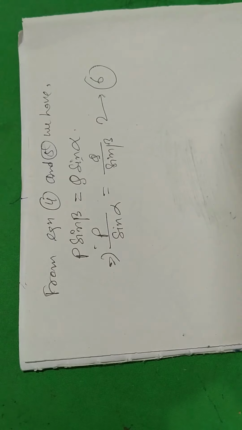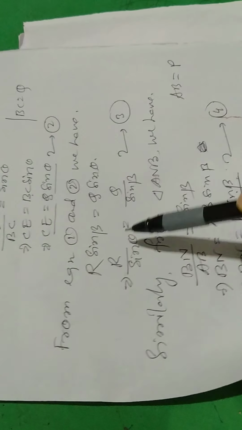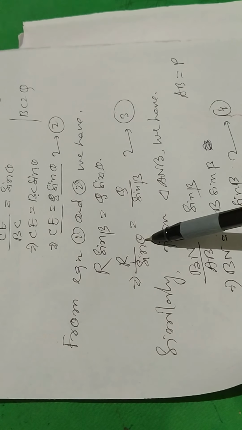Now see equation number 3. Equation number 3 is R by sine theta equals Q by sine beta.